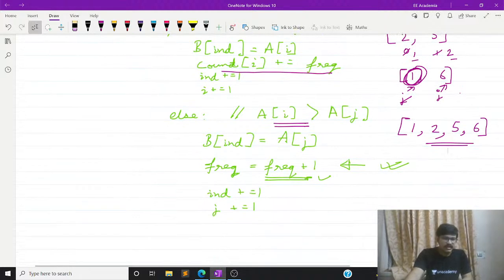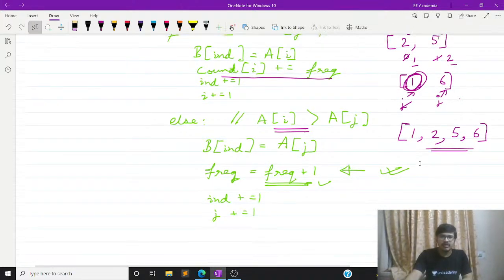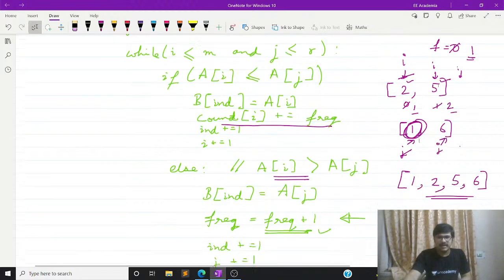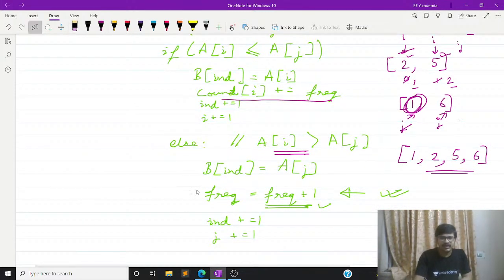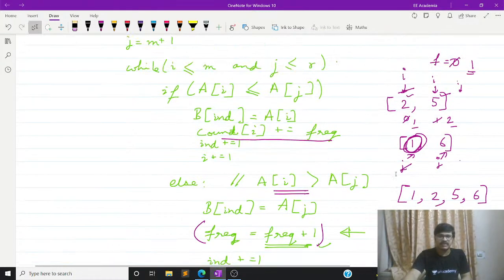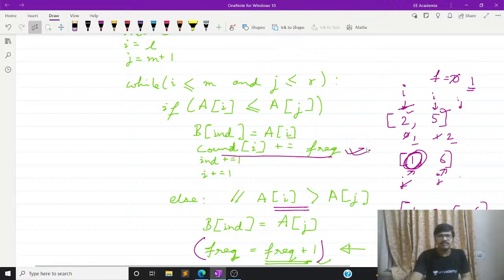So do you see how the merge procedure can be used to uncover the number of elements which are less than that element? I just simply keep track of the number of elements from the right half we have already put in this array. If we just keep this track, it is very simple.